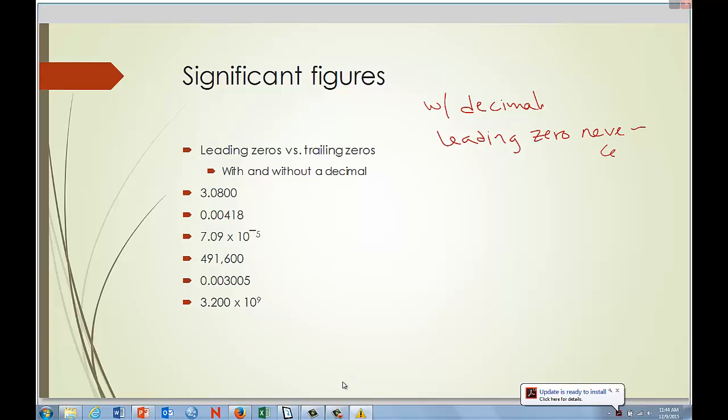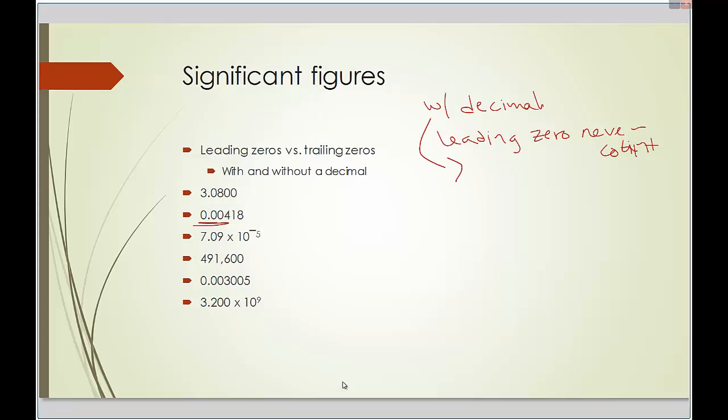So if we look over here, these zeros in front, those are zeros that lead up to another number. Those never count. With the decimal, the trailing zeros do count. Trailing without a decimal do not count.